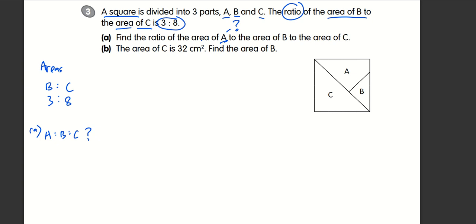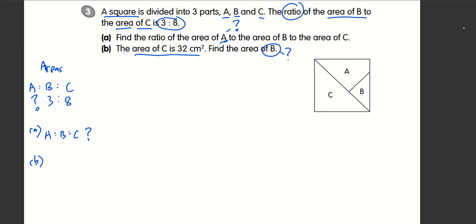The next part, on B, you have the area of C being given, and you are finding B. So there are a few unknowns here. You have A being an unknown. You have the actual area given to you for C, but you don't have the area of the square.